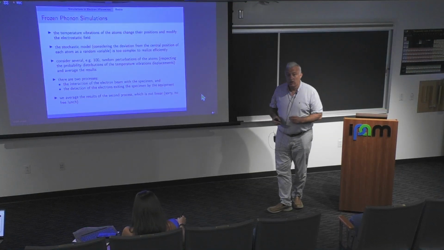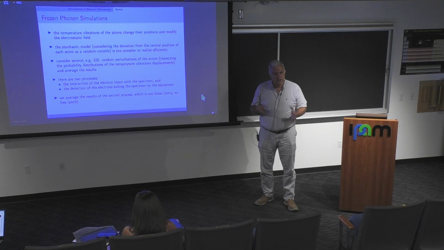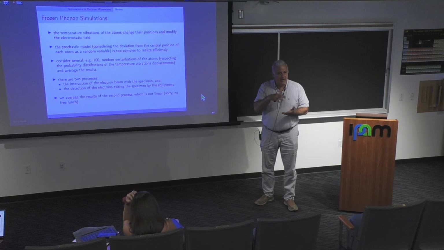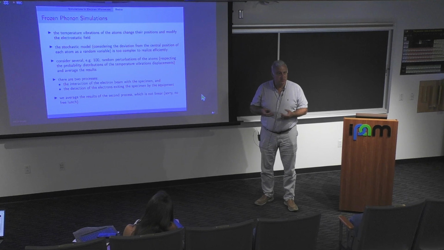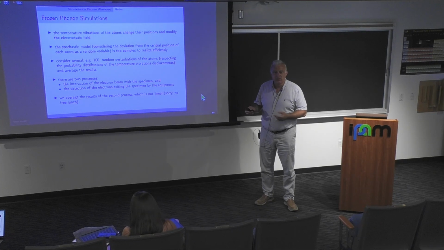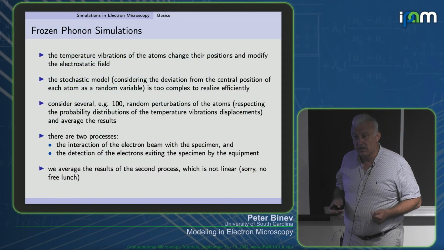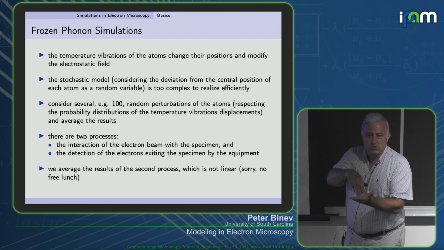Another thing we assume is that the electrostatic field we consider in the sample is actually composed of several atoms which have temperature vibrations. If we are not at 0 Kelvin, then these vibrations will be there. That means the atoms will not be exactly at the expected center of the atom.